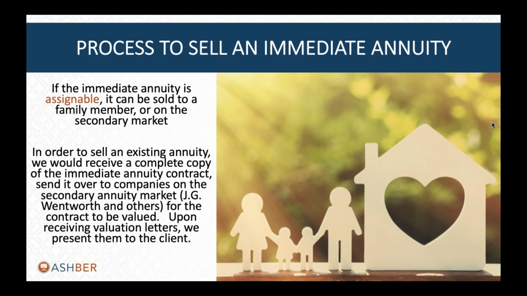We usually receive 2 or 3 different valuation letters to determine what the fair market value would be of the existing policy, and then either a family member or one of the companies that valued the policy would actually buy the immediate annuity from the Medicaid applicant or their spouse in order to receive a lump sum of cash and get out of the existing immediate annuity policy.